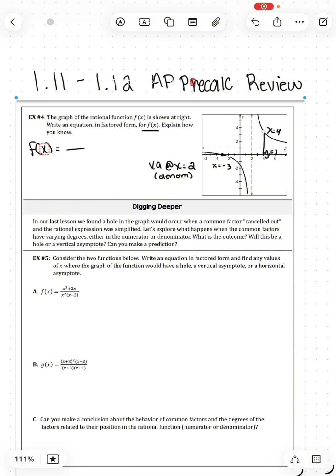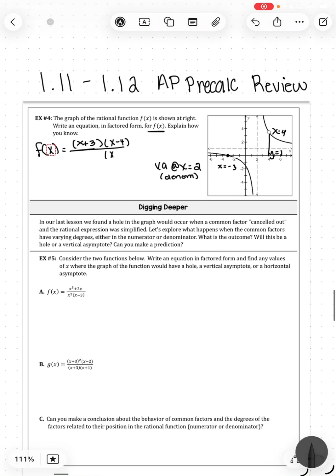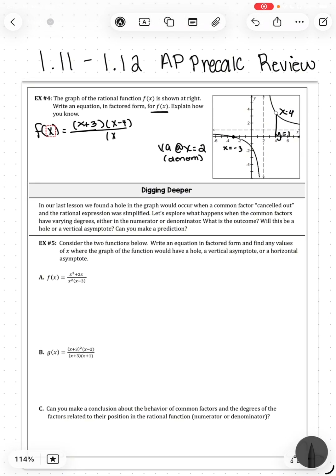So in this case, we begin our equation with f of x. We know there's a 0 at negative 3, so it's x plus 3. And then our common factors, so x minus 4 on top, and x minus 4 at the bottom.